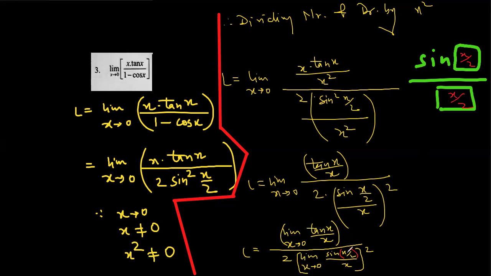Here I got x by 2, but this is not x by 2. So what I will do is divide by 2. See, I divided by 2, so you'll have to multiply by 2. Check this out. You divided by 2 only to have the same angle in the denominator. You have x here, so you divide it by 2, you multiply by 2. Okay. Now you can use the result.